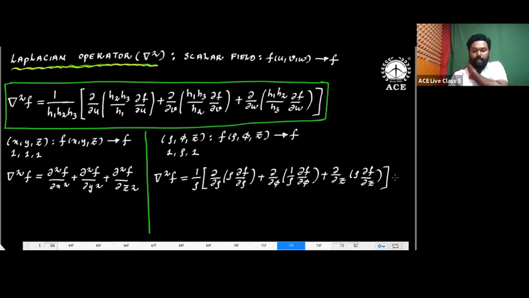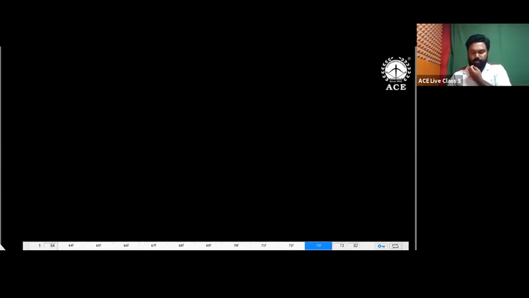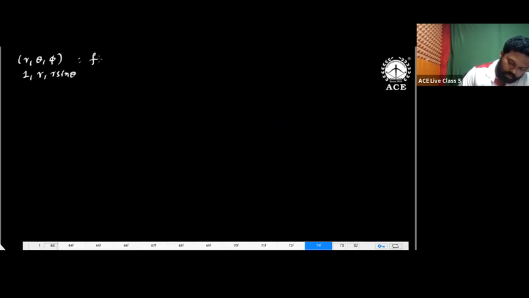Last one is for the spherical coordinate system. Let me turn the page. For the spherical coordinate system, r, theta, phi. Scaling factors are 1, r, r sin theta. The scalar field is f of r comma theta comma phi.